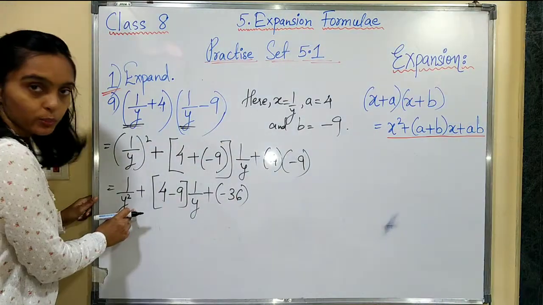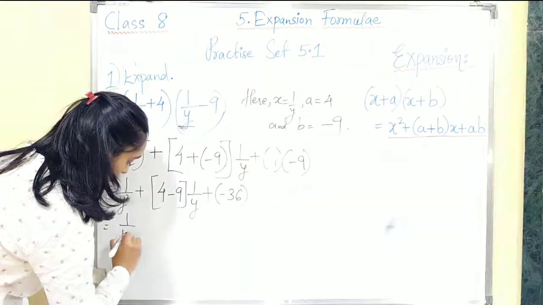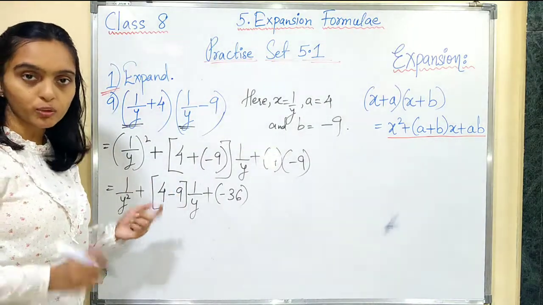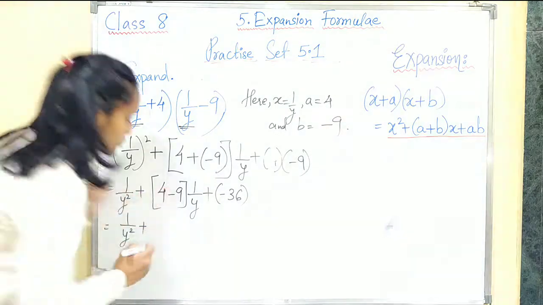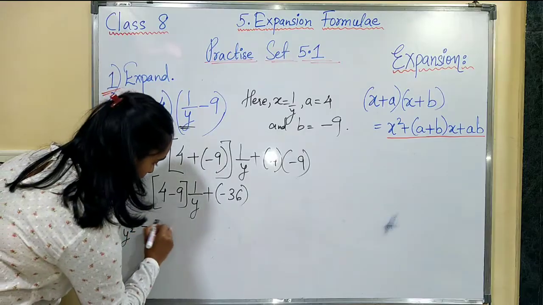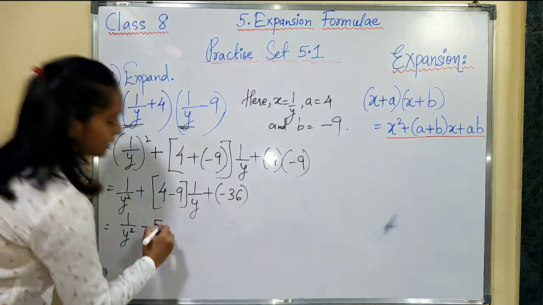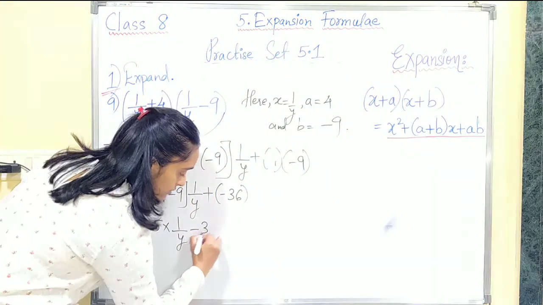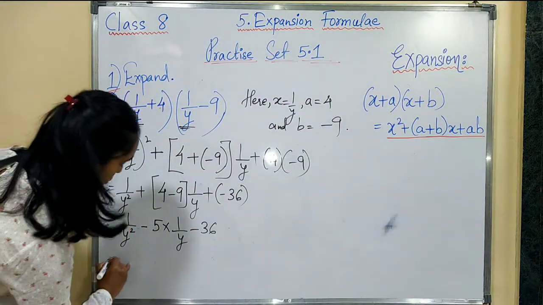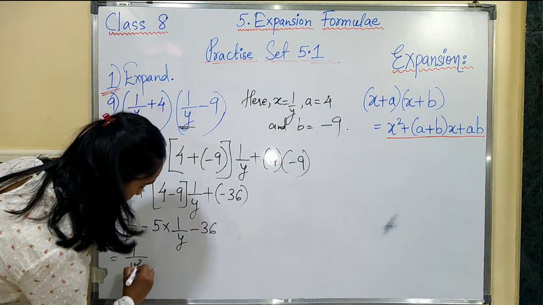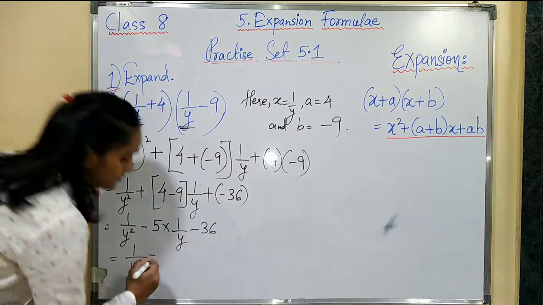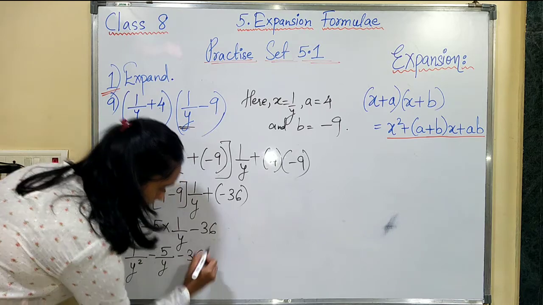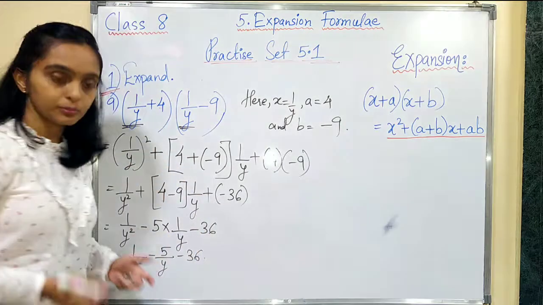This will be equals 1 upon y square, and 9 minus 4 is 5 and sign of greater number, so it will become minus 5 multiplied by 1 upon y, plus minus is minus and minus 36. Thus you get 1 upon y square minus 5 multiplied by 1 is 5, 5 upon y, minus 36.